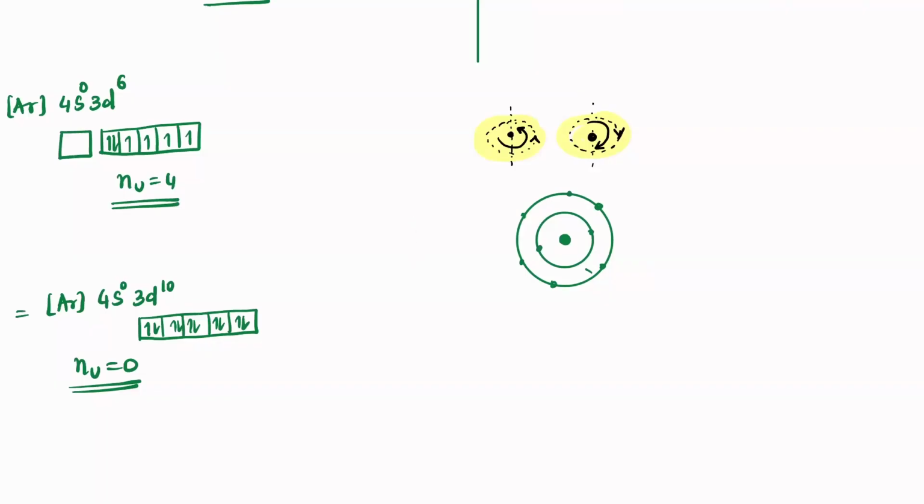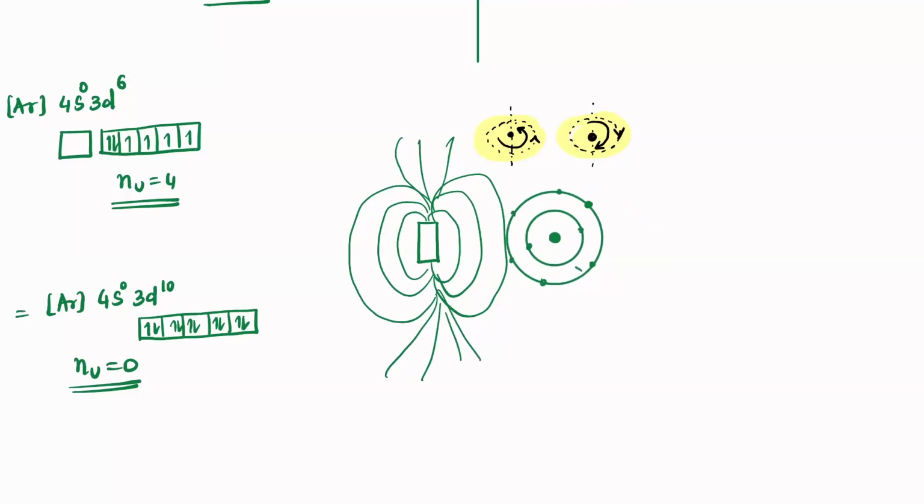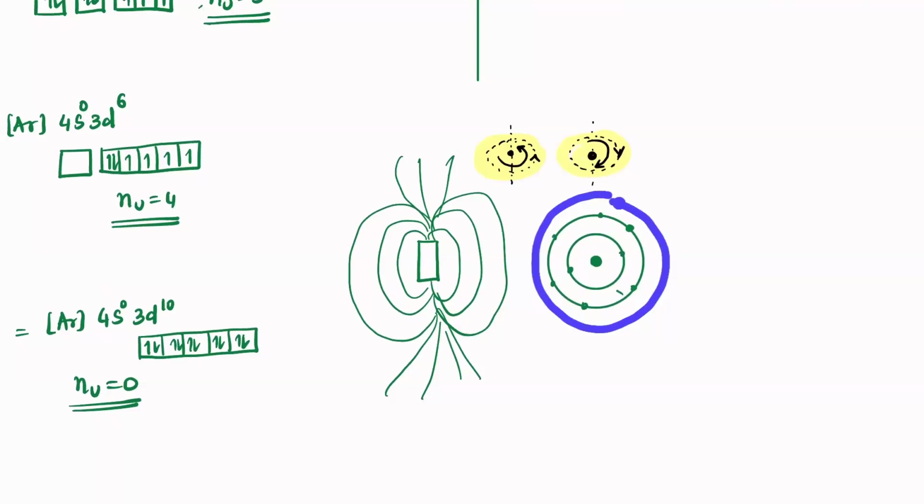You know how the magnetic field lines will be; this is how they are. If you start bringing this species close to the magnetic field, and its net number of unpaired electrons is zero, then it does not get attracted to the magnet.